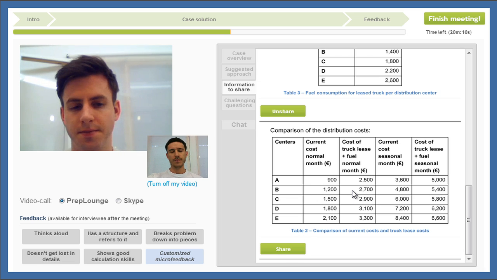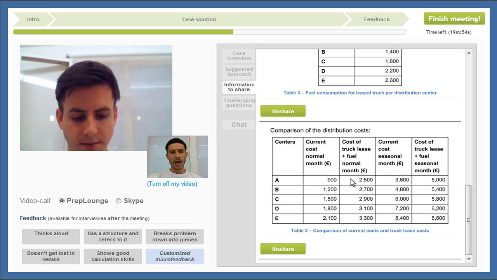The client did some research on this idea that you just shared. And you can see the comparison of doing it in-house by chartering trucks, leasing trucks, and the current cost that we have using delivery services like DHL. So you see that changes.